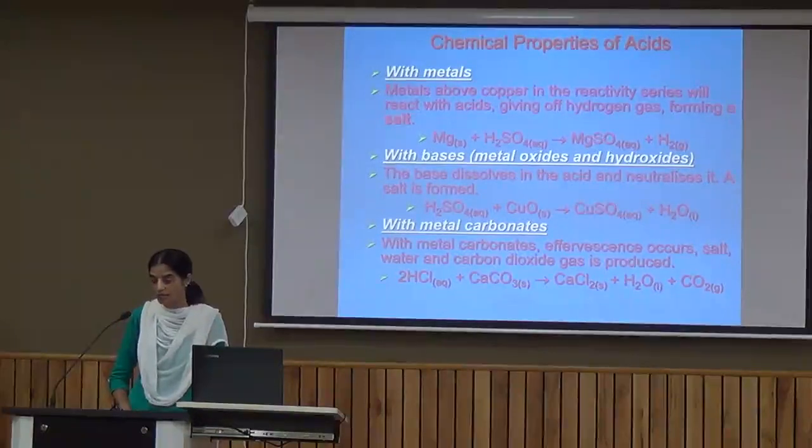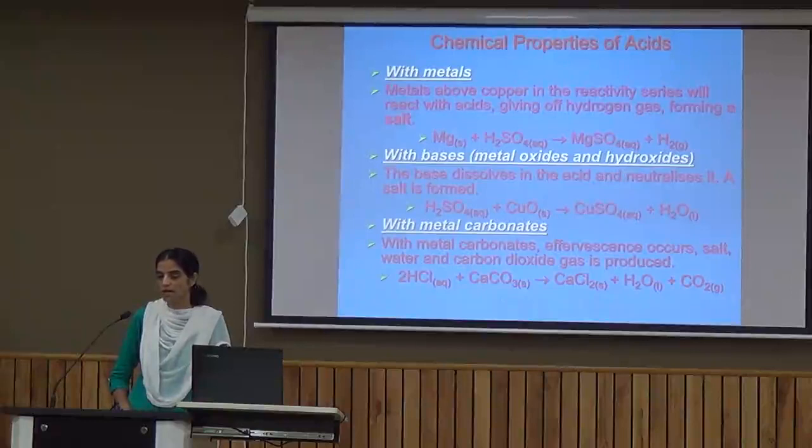When we try to identify this gas, we use lime water. This lime water turns milky with this gas, and we are able to identify that the gas formed is carbon dioxide, because the distinguishing test for carbon dioxide gas is that it reacts with lime water and turns it milky.